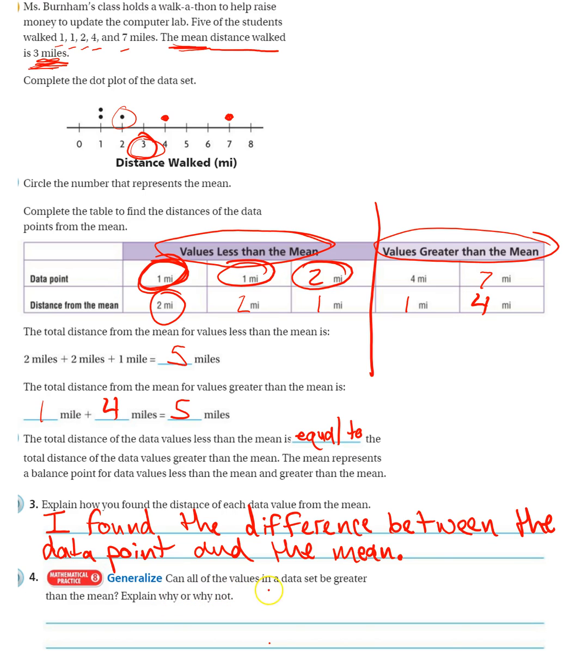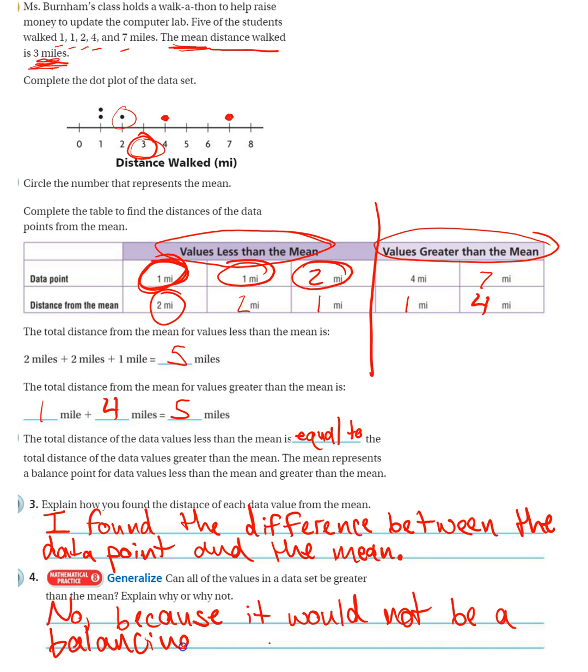Okay, number 4, can all the values in a data set be greater than the mean? Explain why or why not. No. Because it would not be a balancing point, right?